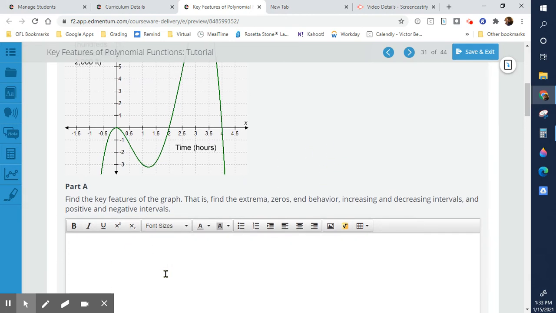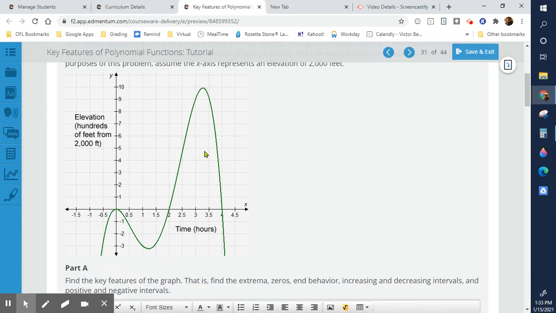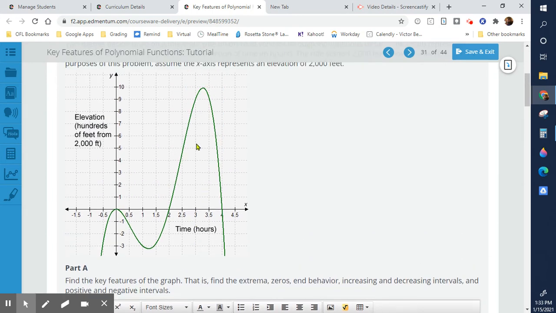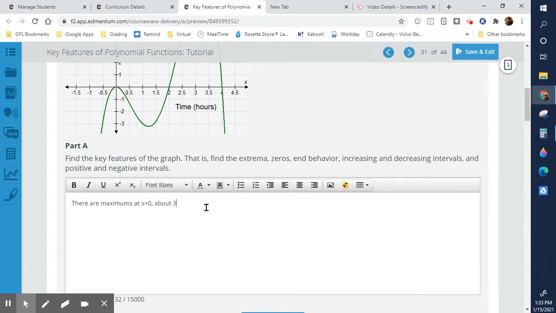So I'm going to say there are maximums at, and I'm just going to say the x values, x equals 0, and x equals about, somewhere right in the middle, about 3.25.